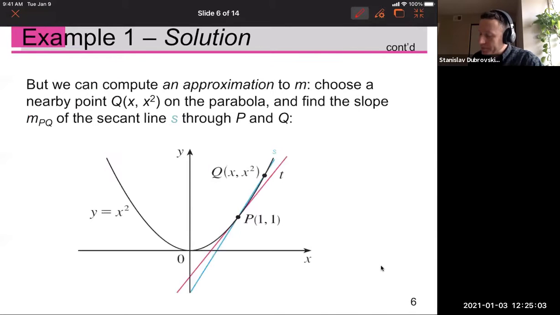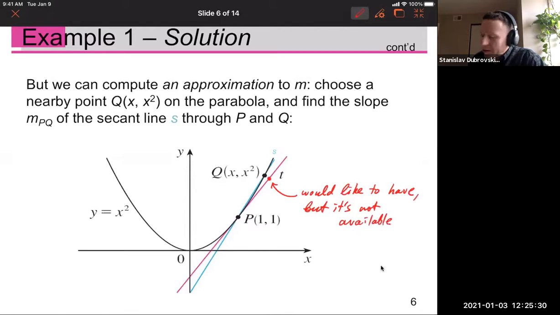Well, let's take a look at a good drawing. The suggestion here is, if we cannot find another point on the tangent line, which is what we would like to have, but it's not available, then we'll take the next best thing, and that is the point on the curve, Q. So Q is the point on the parabola.